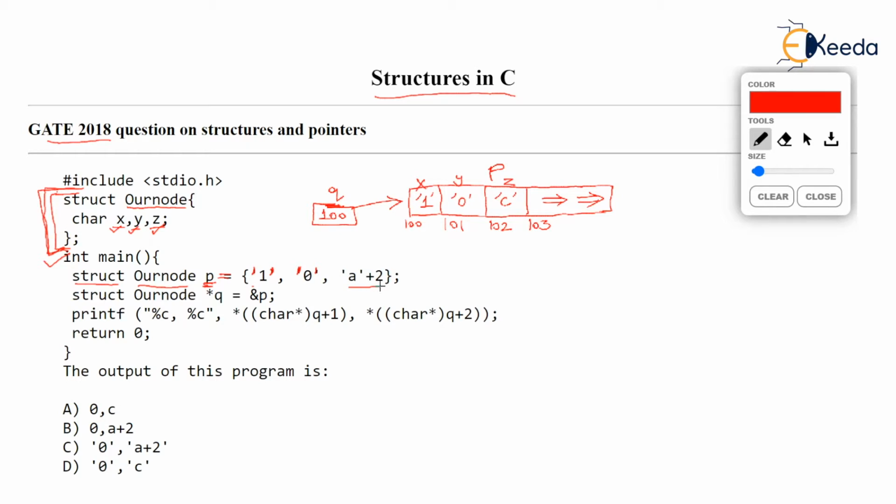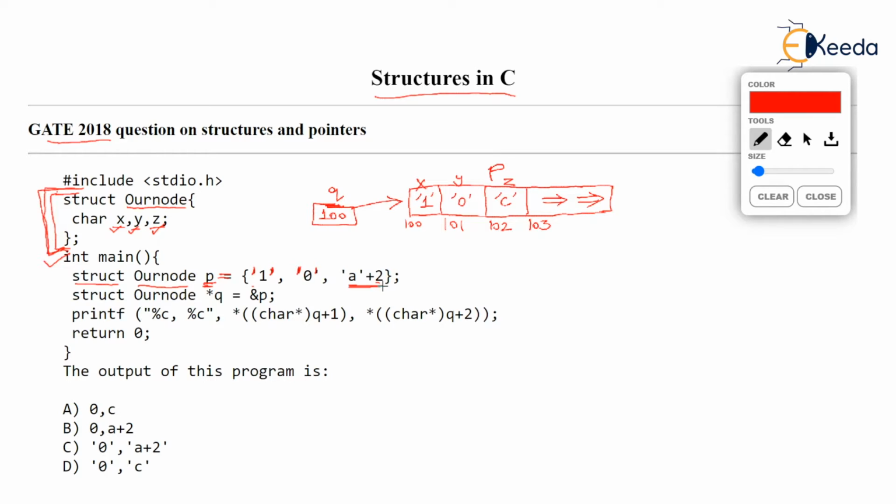It is character a plus 2. Now, whenever a character is increased by 1 in C language, then we get the next character in the ASCII sequence. Now, a is a character and it is increased by 2. So, ultimately, the value of this initialization is going to be character C. I hope you are understanding.